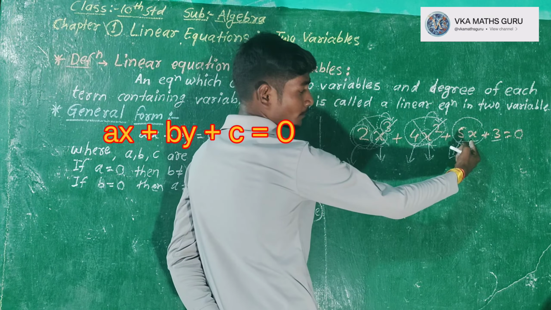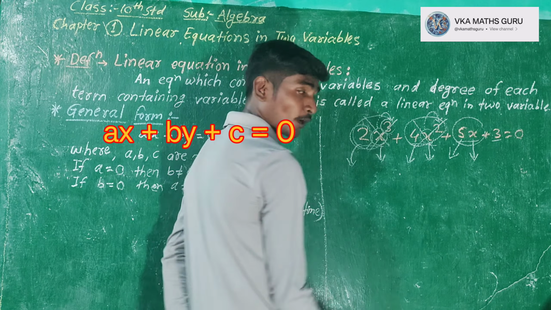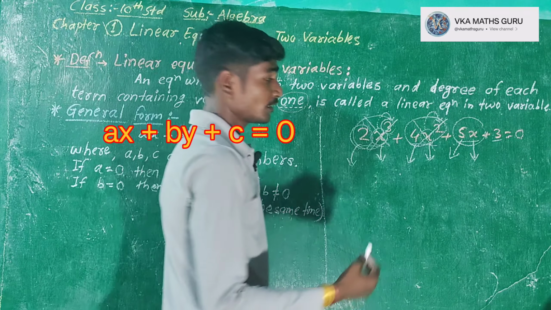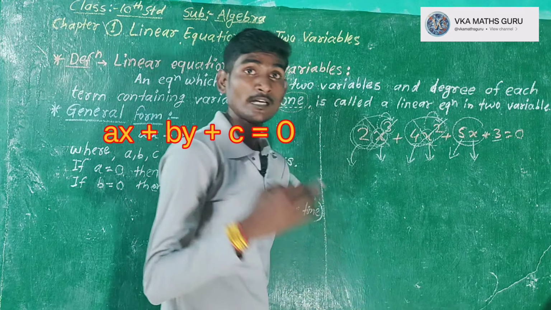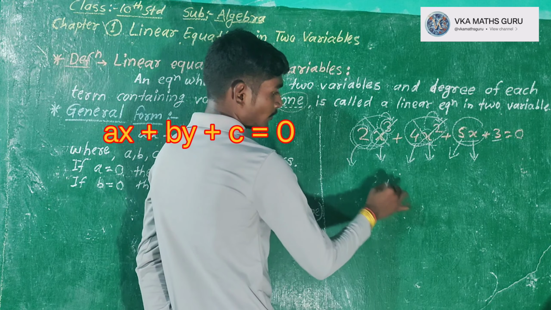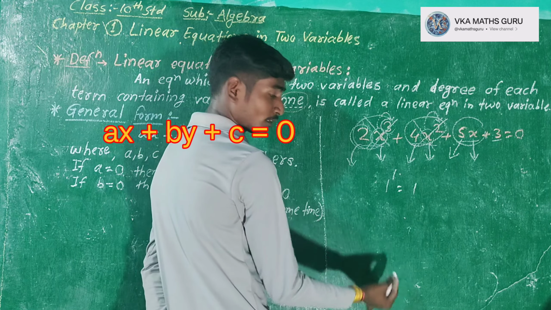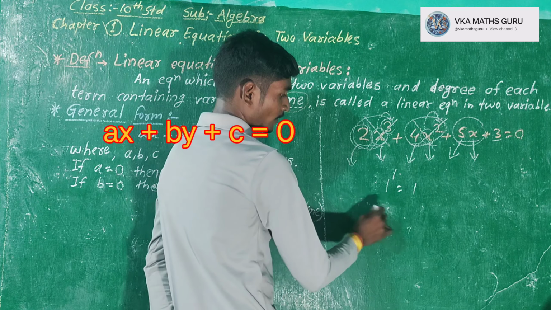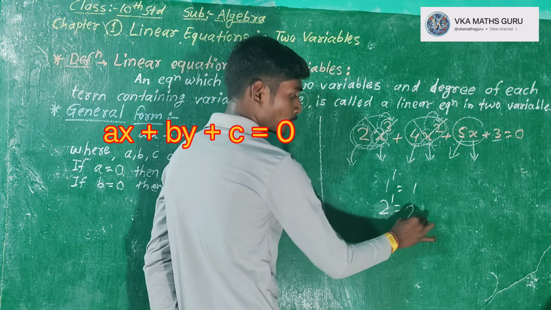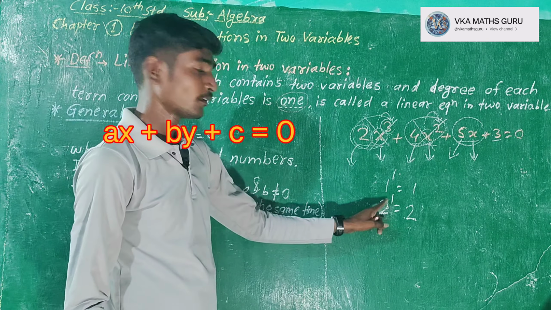In this term we see x has no written power, but every term has a degree of 1 by itself, that is, power 1. Why? Because 1 power 1 means 1 one time, the answer is 1, and 2 power 1 is 2. That's why we don't write the power, which is degree 1.